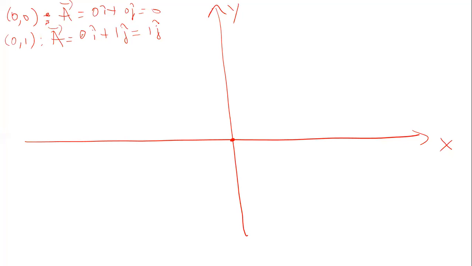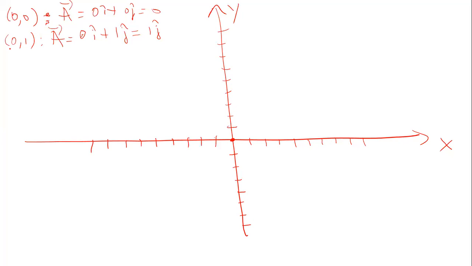So what is 0, 1? Let's mark the axes 1, 2, 3, and so on.